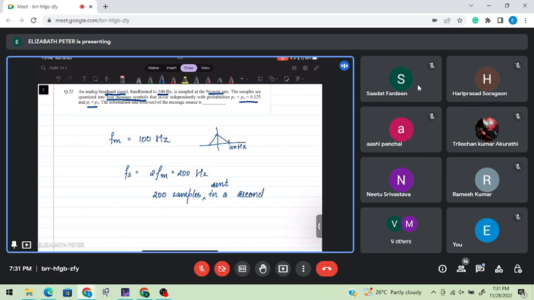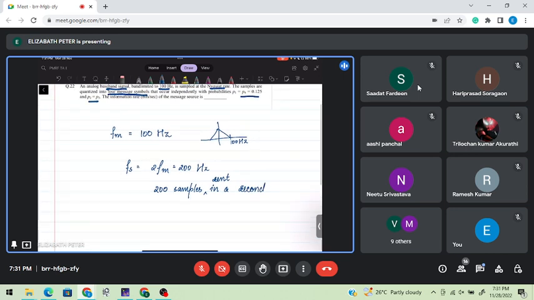So these samples are then quantized into four message symbols. Here you should be very careful that the question says the samples are quantized into four message symbols.